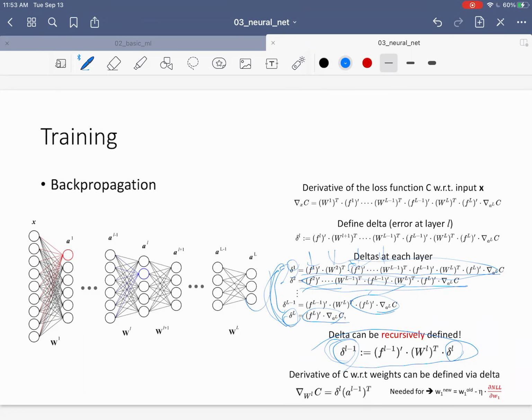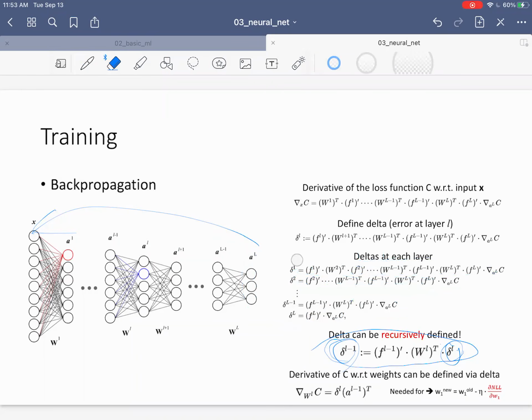We start from the top and go back to the bottom, because then you can reuse the previous delta values as you go back down into the input layer. That is the spirit of backpropagation. You can actually do forward propagation if you wanted to. It's just going to waste way more computation. You start from here, then go here, and here, and here, which would be a waste of a lot of computation.